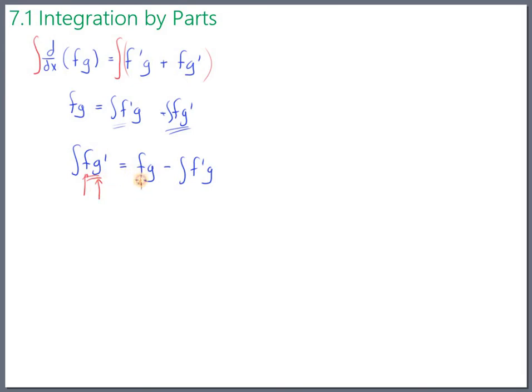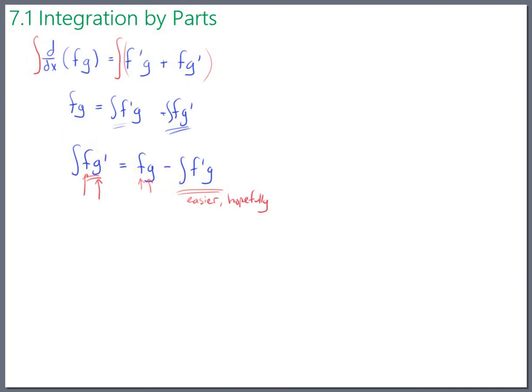We say it's the f function and the non-derivative version of g, or the integral of g prime, and then minus a particular integral. So this means we're rewriting one integral in terms of another integral. Hopefully this integral is easier. That's what we hope. So our idea is to trade a difficult or undoable integral for an easier integral.